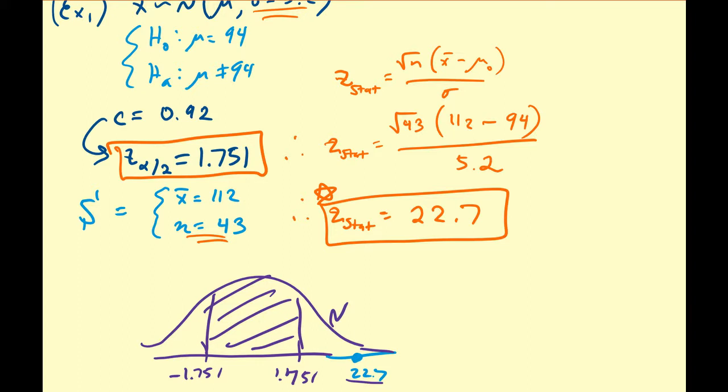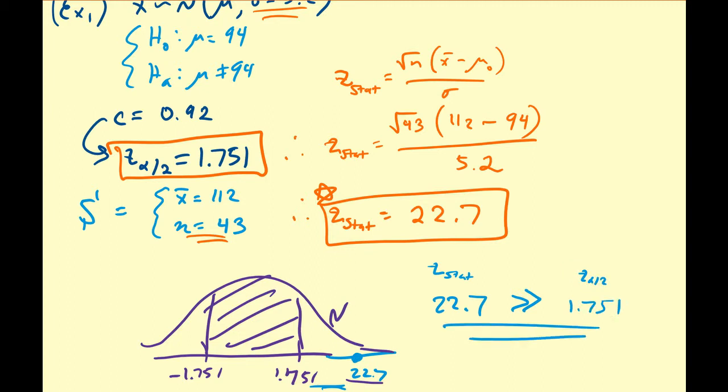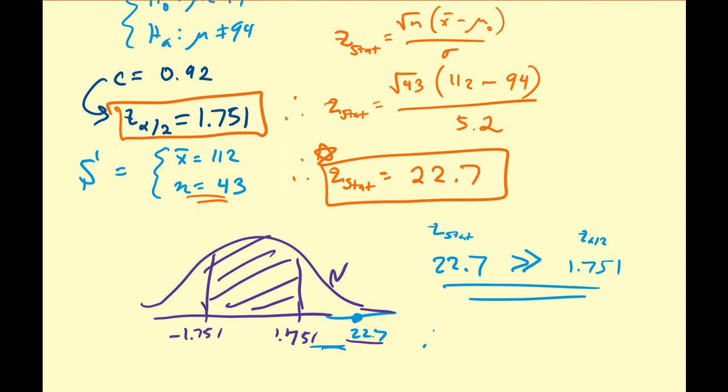So what do we see? We see that this number is really far from our critical value. So 22.7, our Z stat value, is extremely larger than our Z alpha over 2 value, which is equal to 1.751, our critical value. So since this is the case, we're going to reject the null hypothesis. What does this test statistic describe?